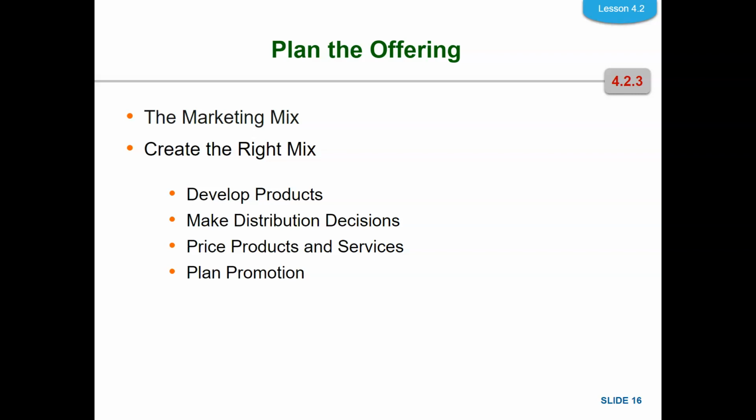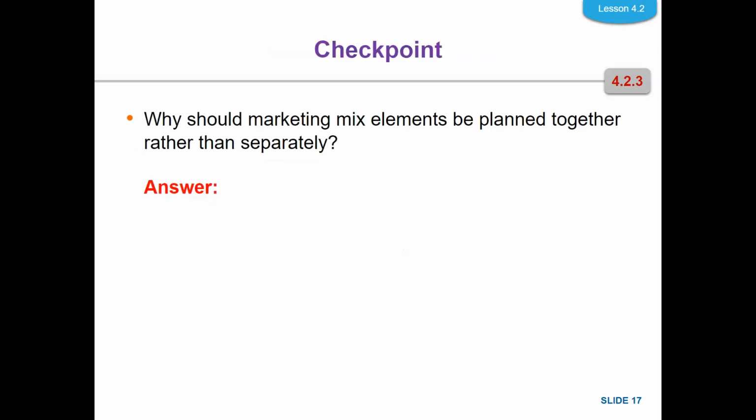In those three pages, they are talking about developing products, making distribution decisions, and pricing products and services within that mix, and it's all centered around customer satisfaction. So all four of those: the promotion, price, distribution, and product, with the customer in the center of all of those decisions. So checkpoint question for 4.2.3 is this: why should marketing mix elements be planned together rather than separately?